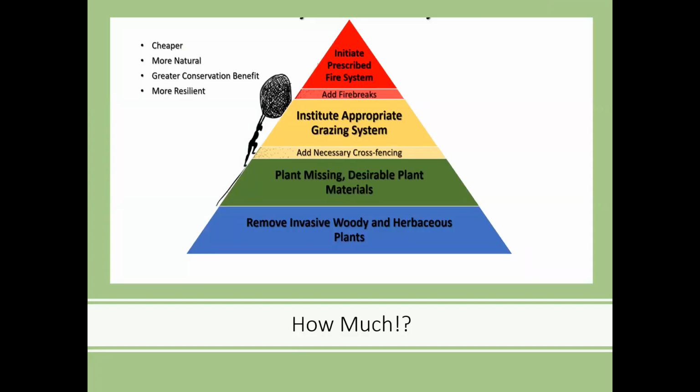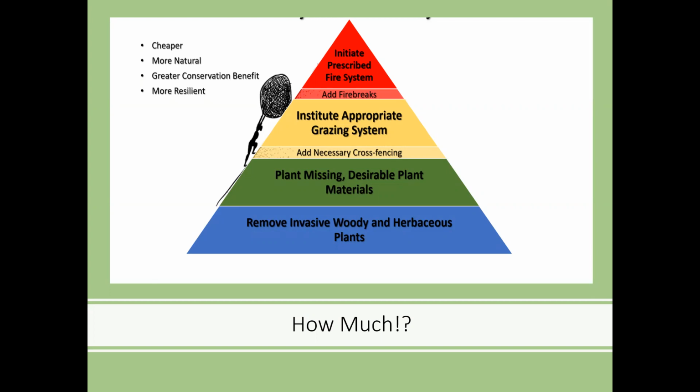So how much is it going to cost to manage? What does restoring and managing a native prairie that provides that habitat for these grassland birds look like? I like to look at cost for restoration as an investment and the management of that restoration as protecting your investment. Restorative practices at the bottom of this pyramid are really intense and expensive.